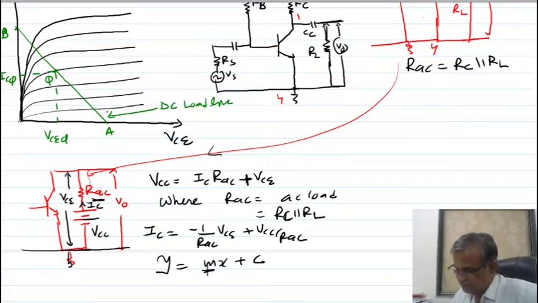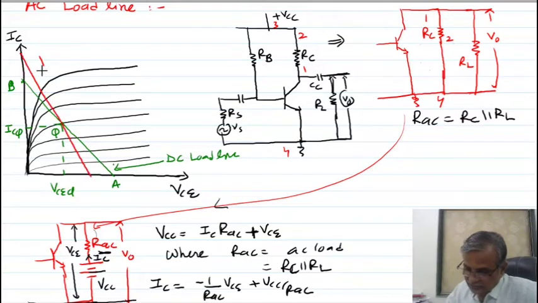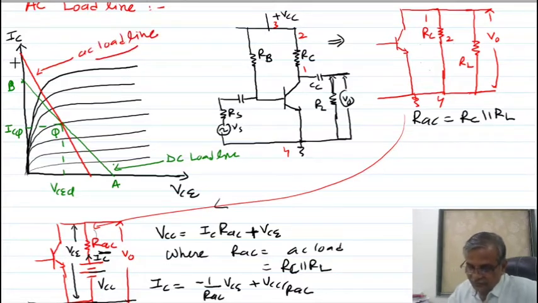So you can see the slope is large, so my AC load line will be like this. This is my AC load line, which touches the IC axis at, say, IC maximum for the AC load line.